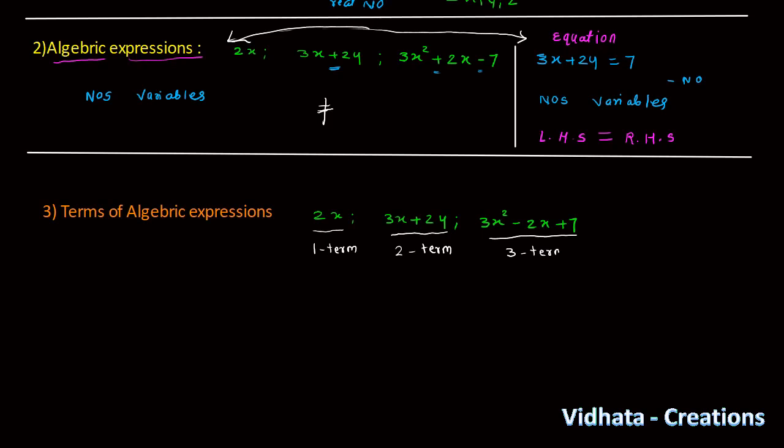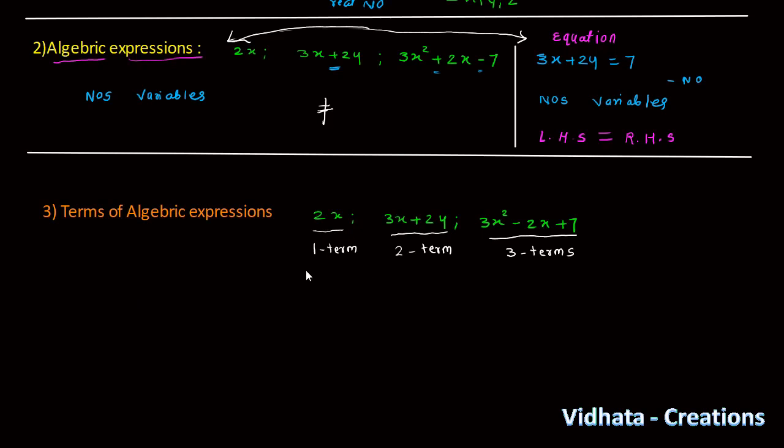Now, from this hint, can you identify or can you say to whom I am going to call it as terms? Okay, you can guess something. Now, in the first example, let us see what exactly is the term.